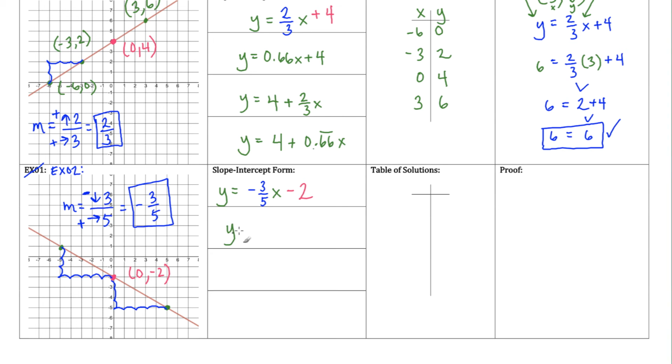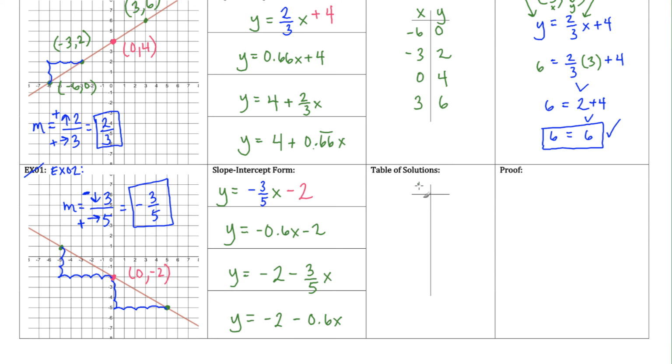Let's go ahead and turn this into decimal form: -0.6x minus 2. And let's move these around. So let's not lose the negative value. So -2. This is a negative value. Minus 3 over 5x. And we can rewrite that as y equals -2 minus 0.6x.